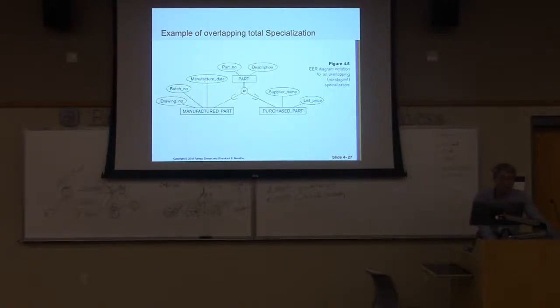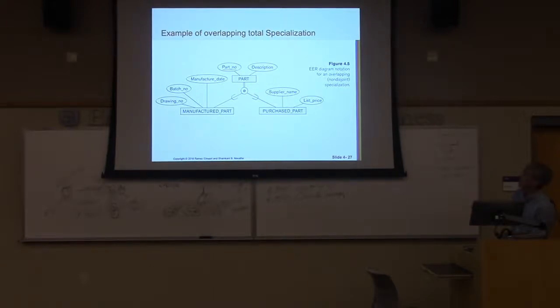This is another example of the generalization. Why? Because the curve is generalized. Which type of ER diagram is it from here? It's the overlap.